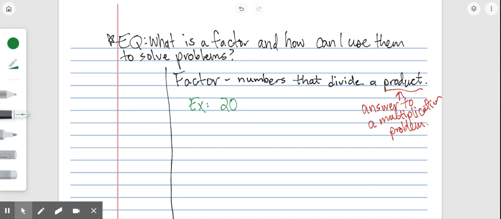All right, so some numbers that will divide 20 are numbers like 2 and 4 and 5 and 10 and 1 and 20. Those are all factors of 20 because I can divide 20 by each of them.